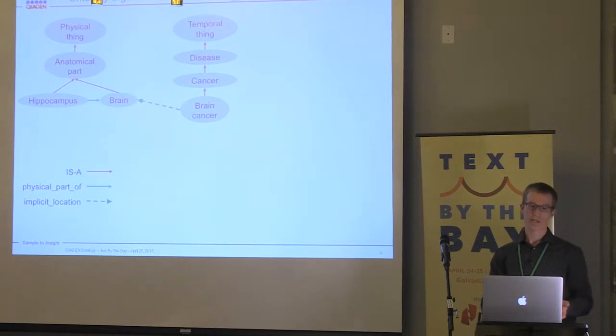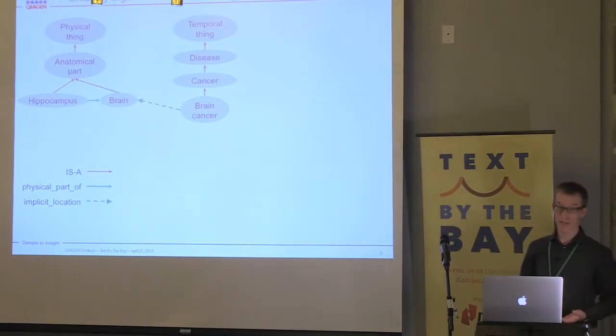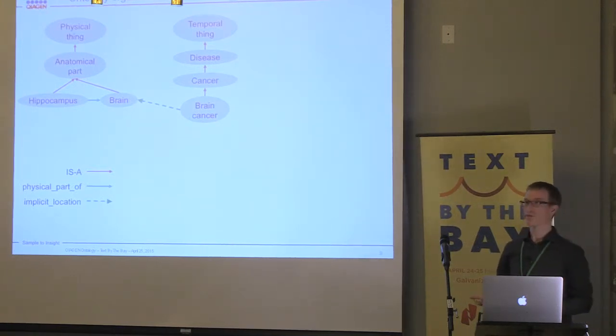So brain cancer obviously has a relationship to brain. We would call that an implicit location. In that way, we can gather all of the processes, for example, that would be anticipated to occur, or be limited to occur, I should say, in a particular place. And know, for example, that an assertion that such a process was occurring somewhere else would be in error.